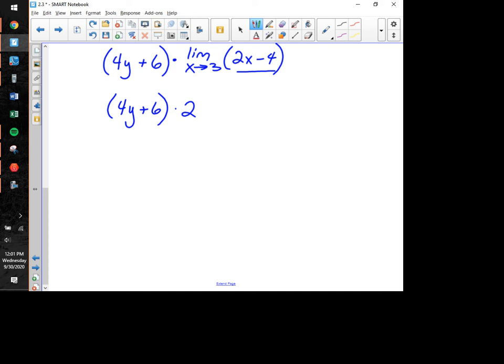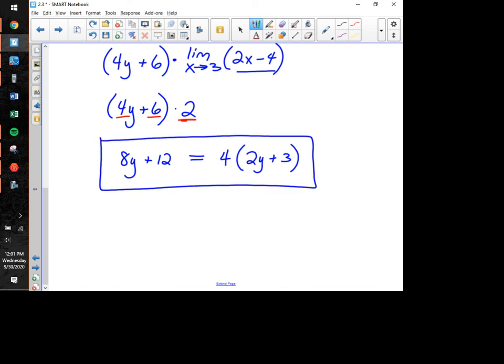I would say either distribute the 2 in there all the way and come up with an 8y plus 12, or you could have continued to factor another 2 out of here and here and then multiplied that 2 by this 2 to get you a fully factored version of 4 times 2y plus 3. So either one of those answers would have been perfectly acceptable. Really, so would that one as well.